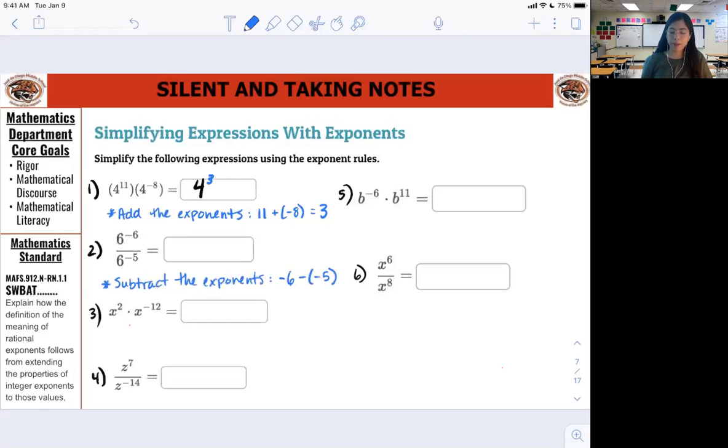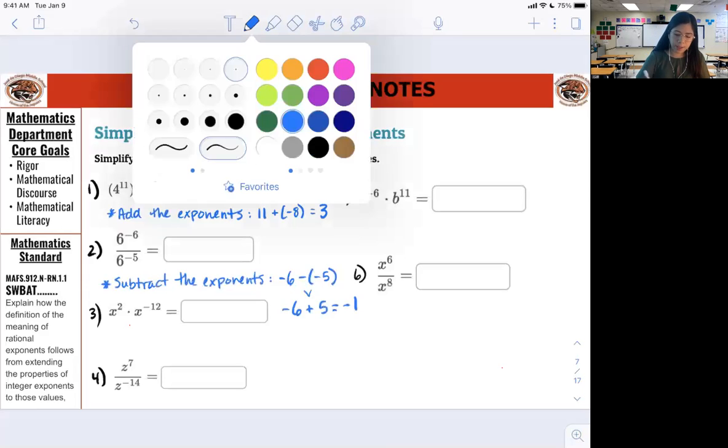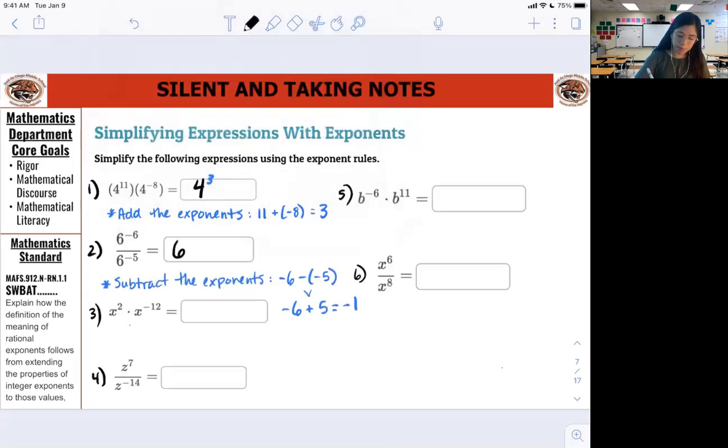Now, this one's a little bit trickier. -6 minus -5. What happens when you have a double negative like this? It turns into a plus sign, right? Yeah. So I have -6 plus 5, which is what? -1. So I've got 6 to the power of -1. Now, how can I rewrite that 6 to the power of -1? 1/6.